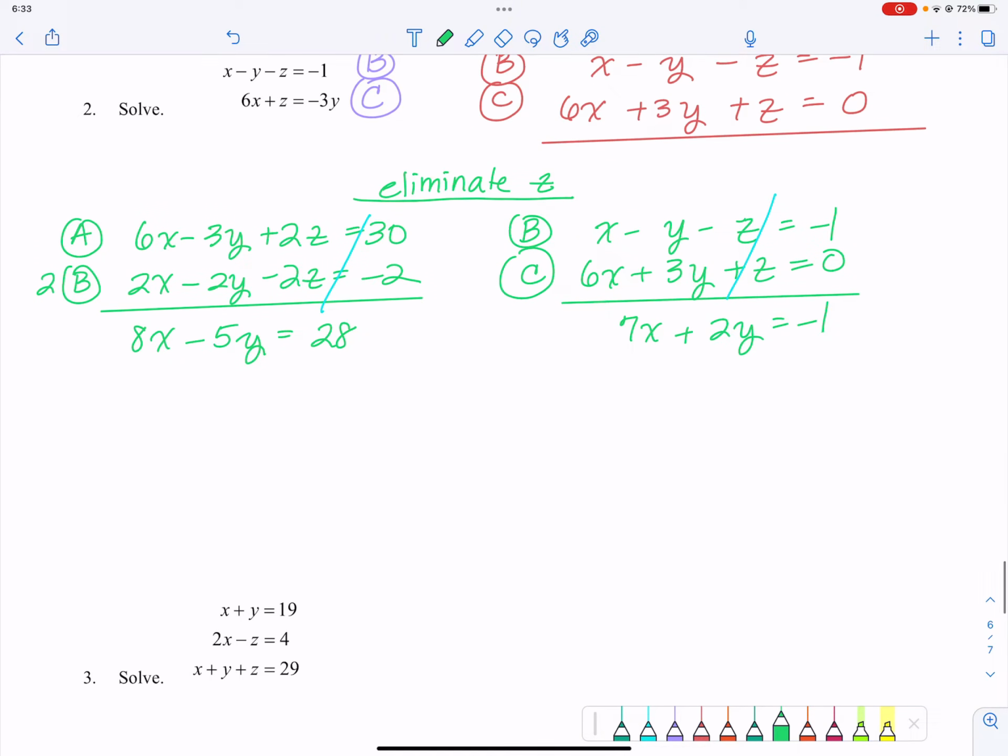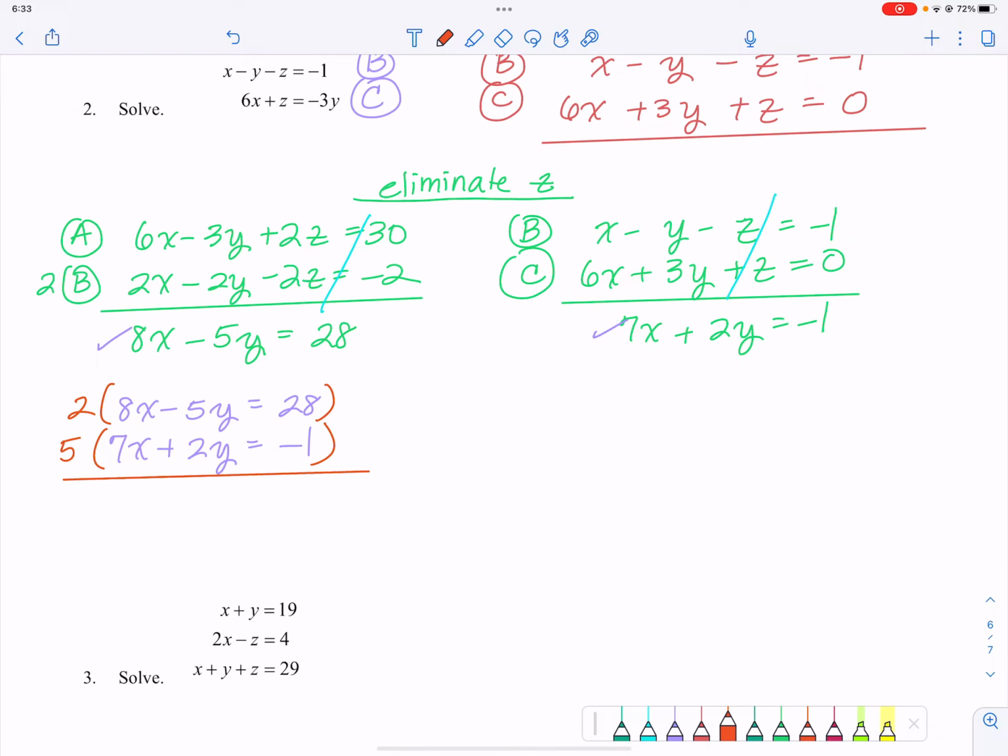So now we will use both of these equations. We will take this equation and this equation. So we have 8x minus 5y equals 28, and 7x plus 2y equals -1. And as you can see, we could multiply this equation by 2 and this equation by 5.